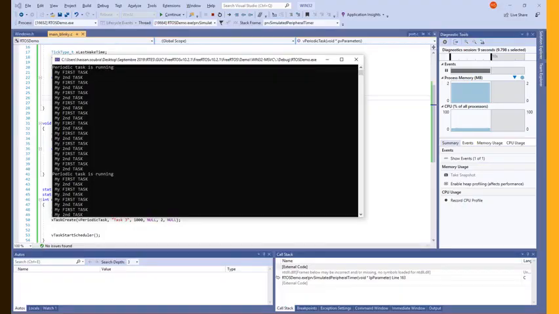Alright, so let's observe what we're looking at here. The periodic task has a priority of 2, the other ones have a priority of 1, so this one will run first, and then it will go to sleep for 10 milliseconds.